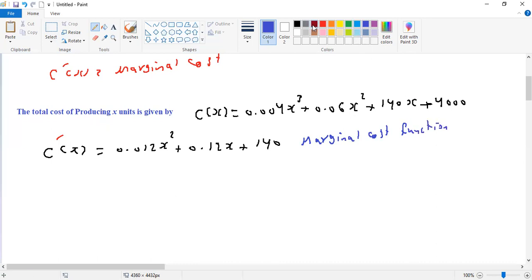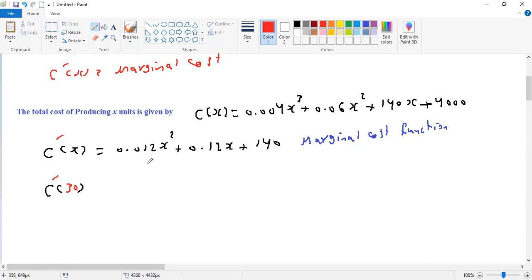Okay, now assume we are asked to find the marginal cost at a production level of 30, for example, to find C prime of 30. This is not the total cost of producing x units given by the earlier function. C prime is the marginal cost function.